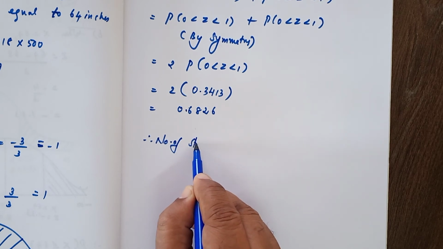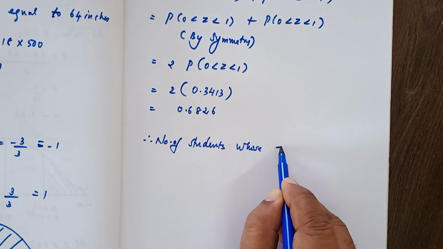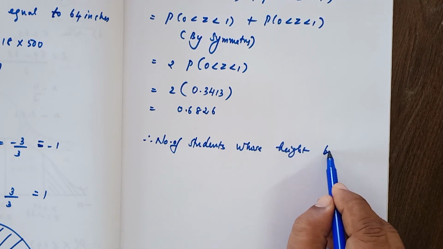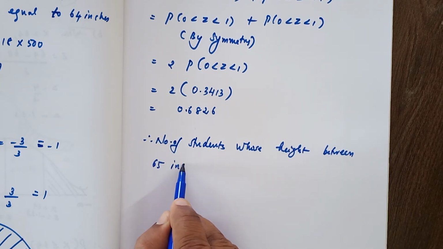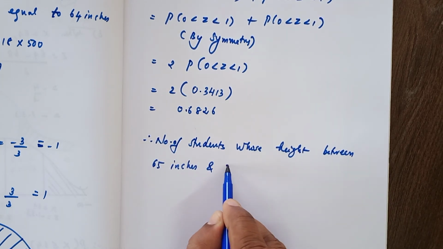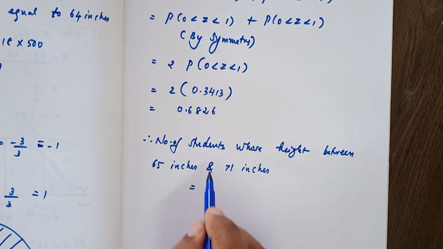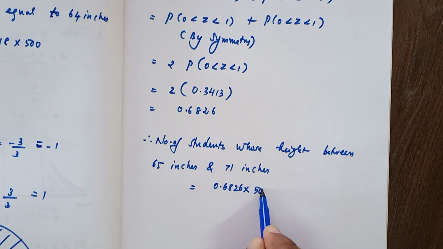Therefore, number of students whose height is between 65 inches and 71 inches is equal to, write the probability value first, 0.6826 into the total number of students, that is 500.